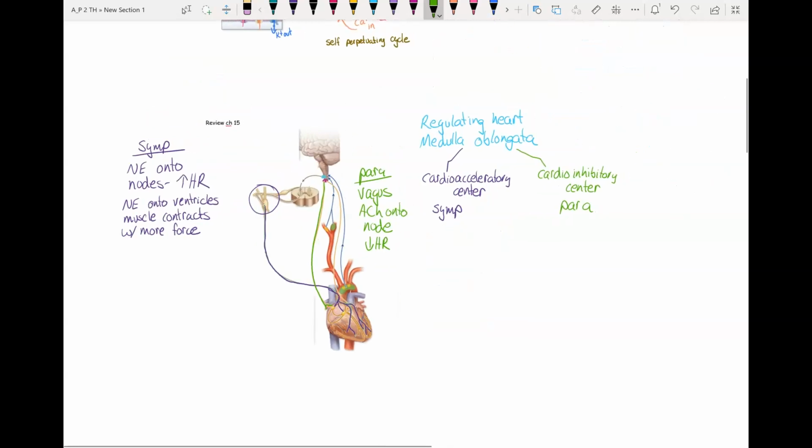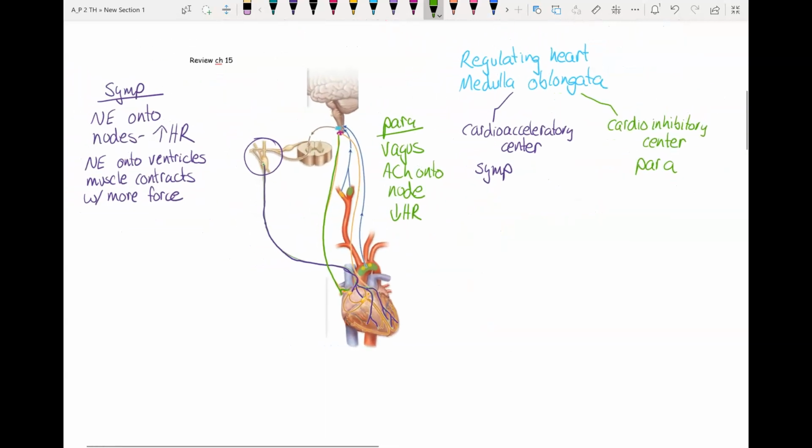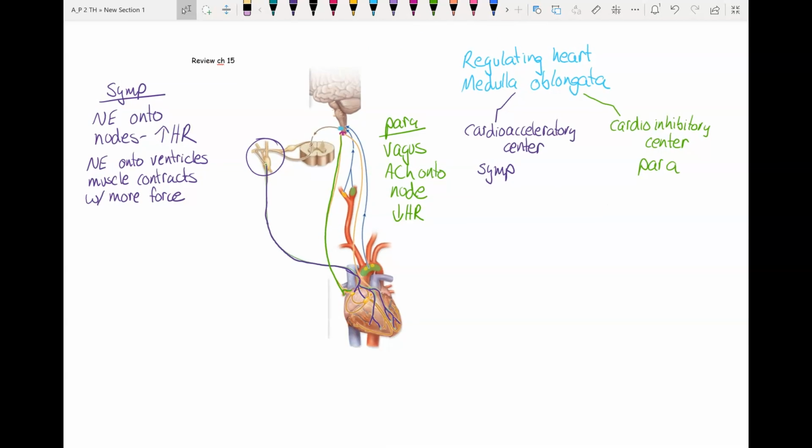So your medulla oblongata is regulating your heart. And it's constantly deciding if it wants to use its cardioacceleratory center and use sympathetic to secrete norepinephrine and increase the rate and force, or if it wants to use the cardioinhibitory center to have the vagus nerve secrete acetylcholine and decrease the rate.